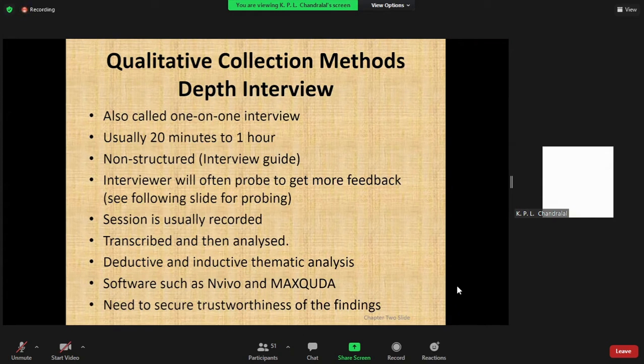You need to read a few times to become familiar with the answers. Let's say there are 20 transcripts. You need to read these 20 transcripts. It could be lengthy, but qualitative research is time-consuming. That's the nature of qualitative research. So you need to read several times to be familiar with this.